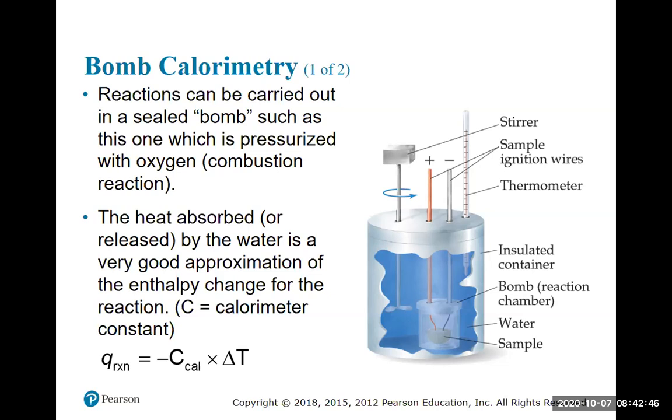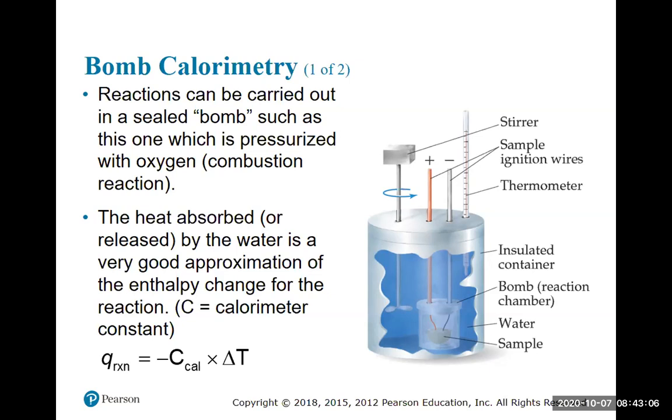The one thing about this is if you look at the formula at the bottom, it's a little bit different because you have this minus C with a cal subscript. For these types of experiments, you have a constant that pertains to the system, to the calorimeter. So that's the calorimeter constant.